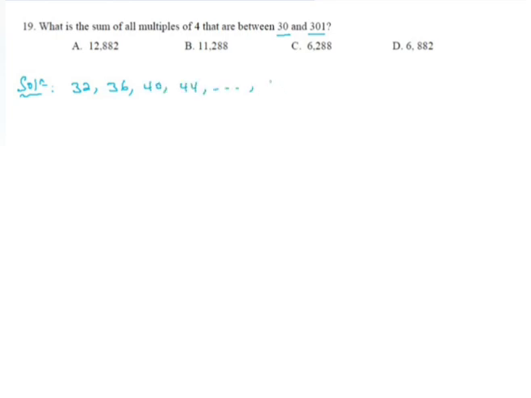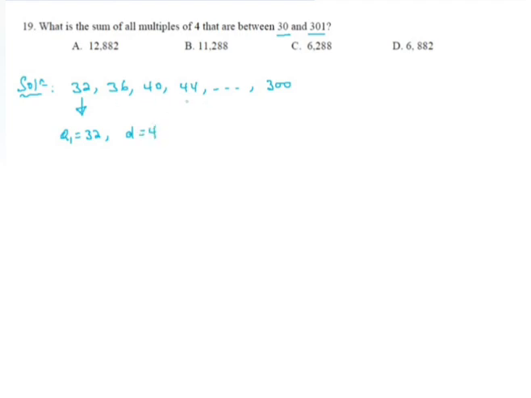The last number will be 300, which is a multiple of 4. So you can see that these numbers are arithmetic. If we see the pattern, we can see an arithmetic sequence, so we can assume the first term as 32 and the common difference 4.